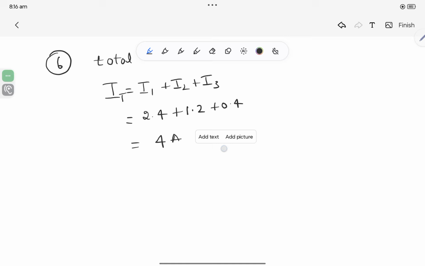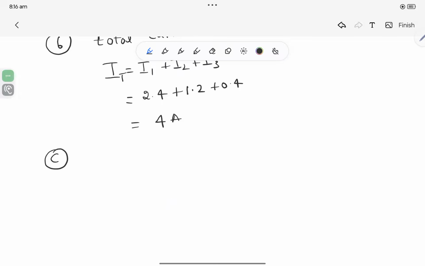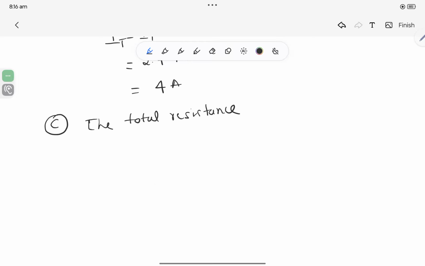Now the last part, the C part: the total resistance, or equivalent resistance. The formula for the equivalent resistance when connected in parallel is 1 by R equivalent is equal to 1 by R1 plus 1 by R2 plus 1 by R3.